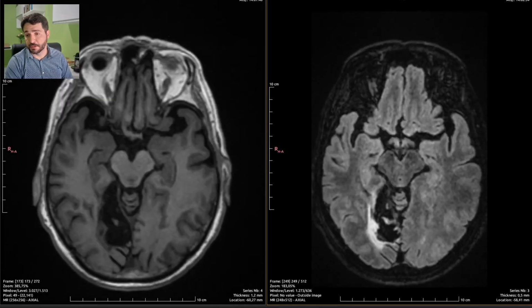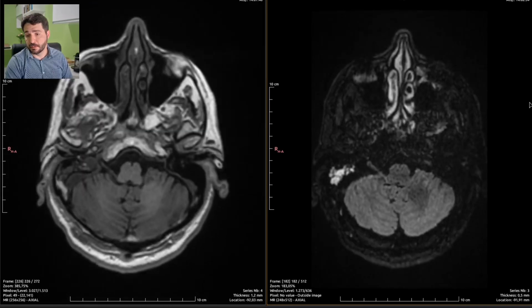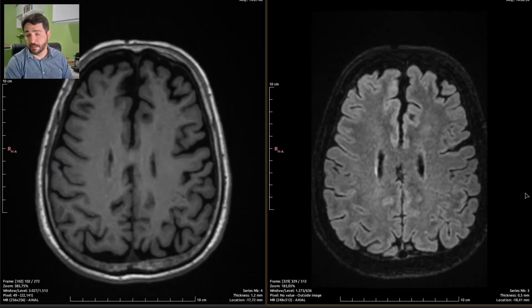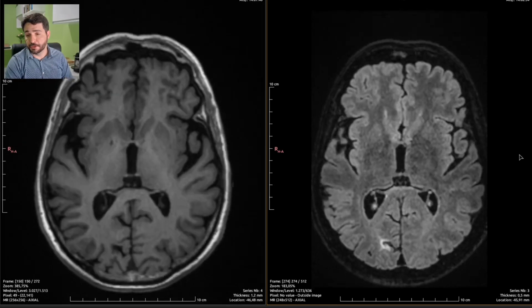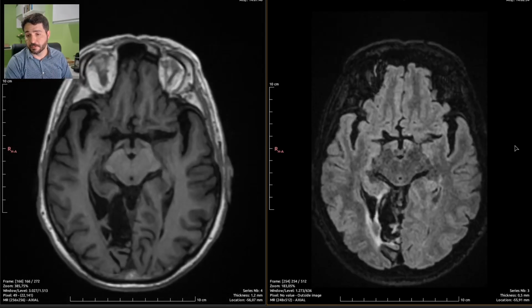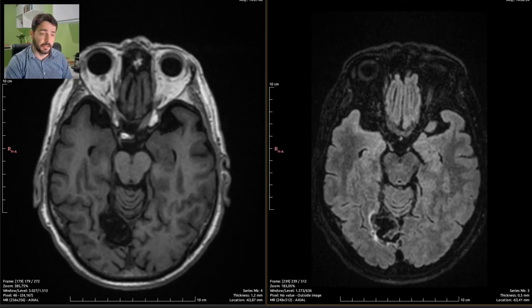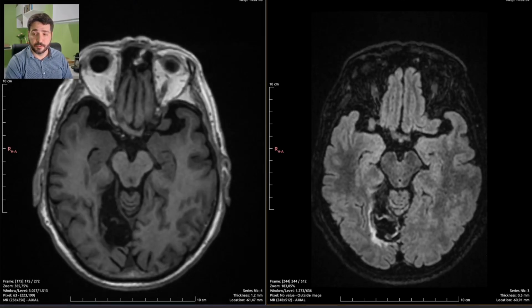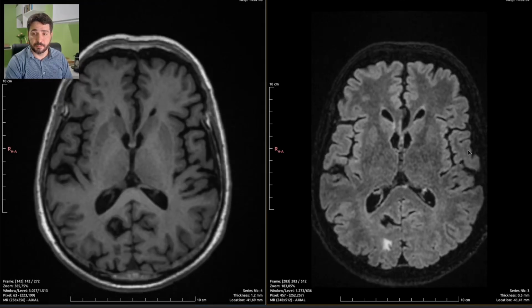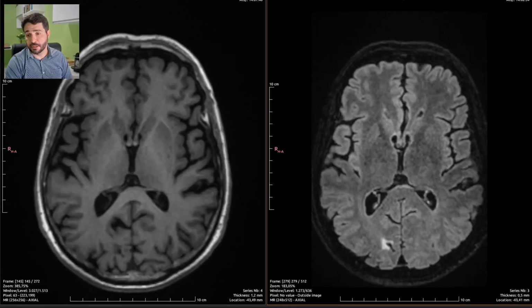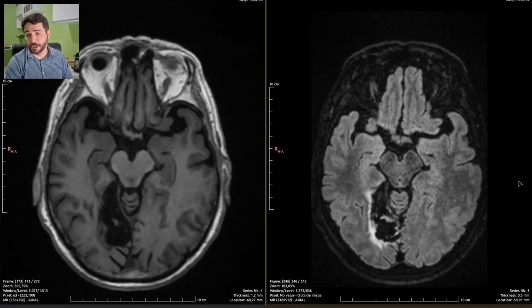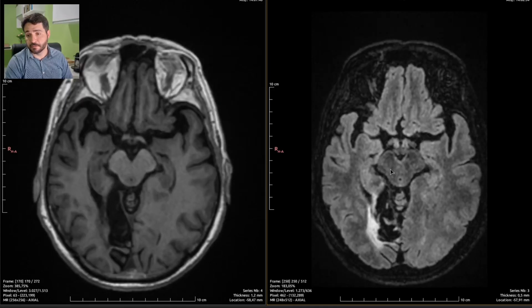So this patient has a good looking brain for his age. Unfortunately, he had a stroke. And this isn't really the most common stroke. The most common stroke is a middle cerebral artery stroke, and he had a much less frequent stroke, a right posterior cerebral artery stroke.